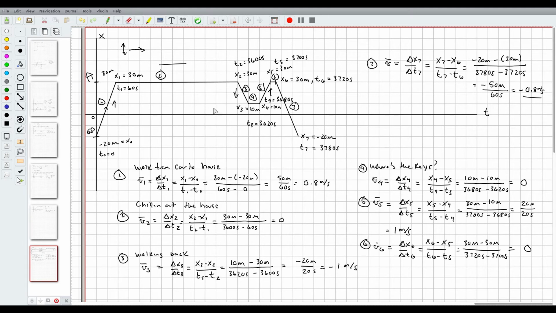But as you can see here, this is a negative slope, this is a zero slope, this is a positive slope, this is a zero slope, and this again is a negative slope. So velocity, it turns out, is the slope of a line when you plot position versus time. That's the way you graphically interpret it.